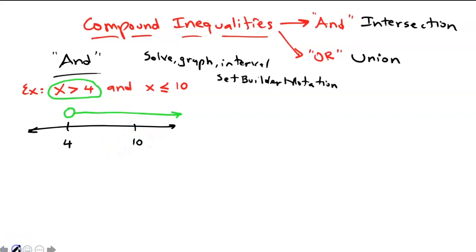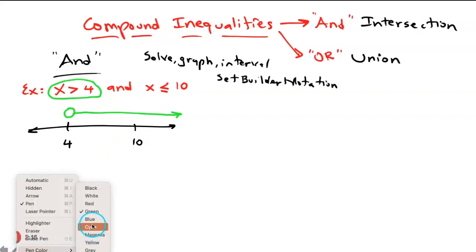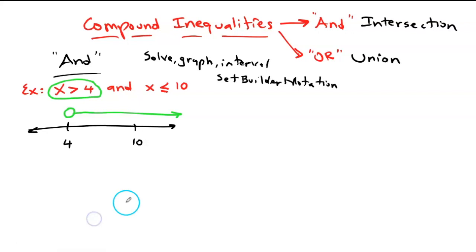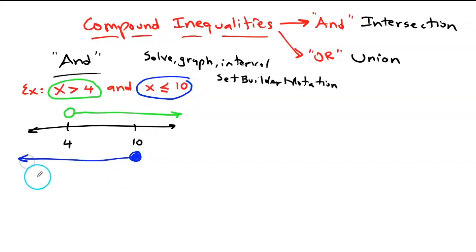Now let's do the same with the other inequality, and let's use blue for that one. X is less than or equal to 10. I go to 10, solid circle because it has an equal underneath. And that's my graph. So I have the graph of both of them.